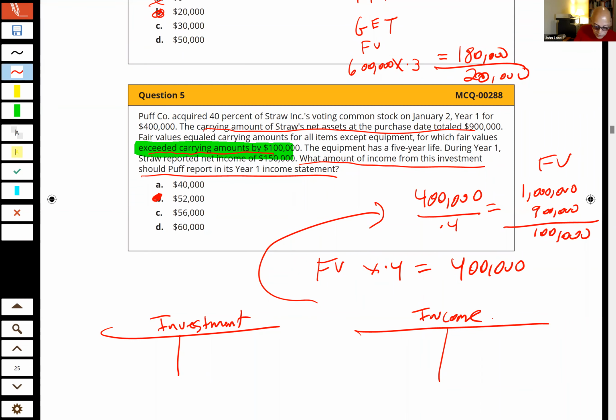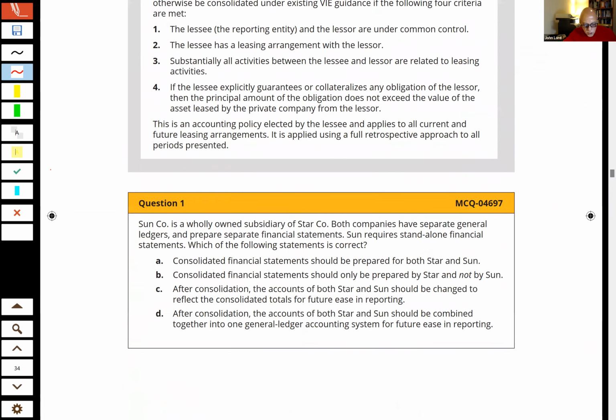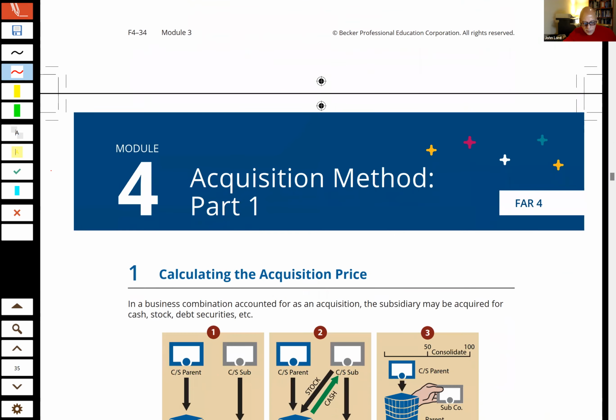And then next Tuesday we'll wrap up chapter 4. We'll finish chapter 4 and we'll start with module 4. Okay, so go ahead and look at that. You see there's not a whole lot there.